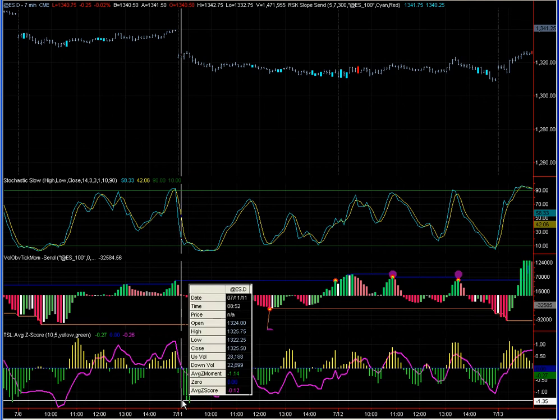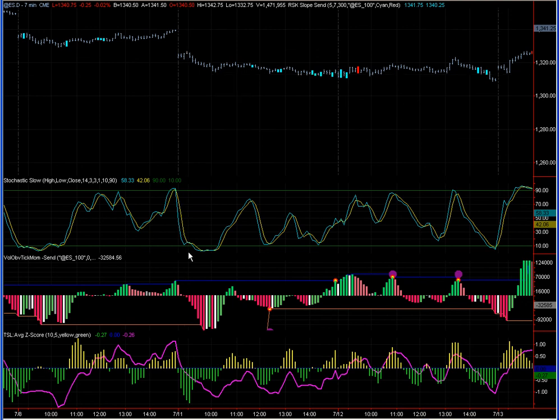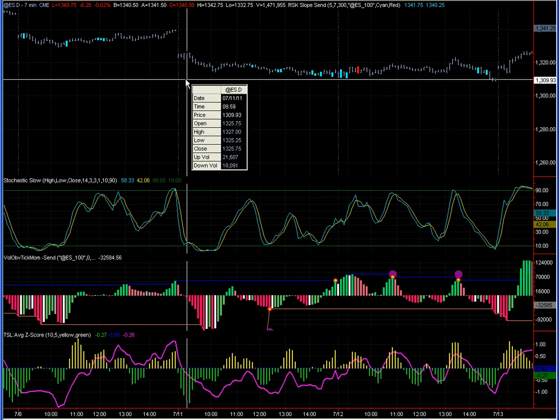At the high of the day, even though the stochastic is very close to being oversold, traders reading the premium are short. They're not looking for a long trade. They shorted that. Smart money.